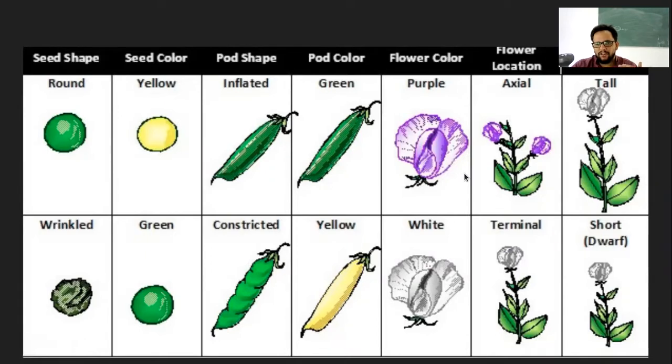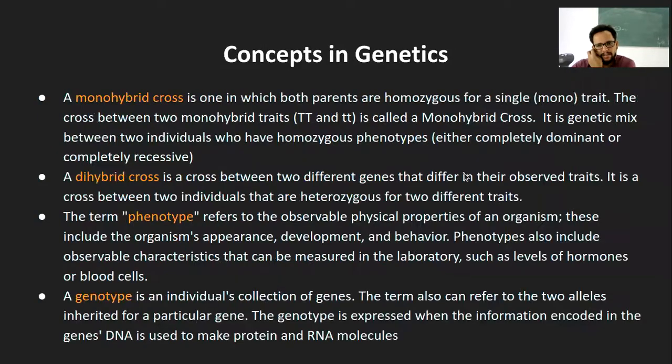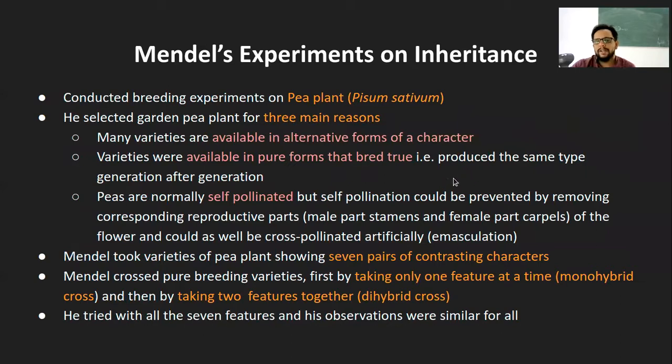So for each characteristic, there were two alternative forms available, and that was one of the reasons why Mendel chose this Pisum sativum plant.